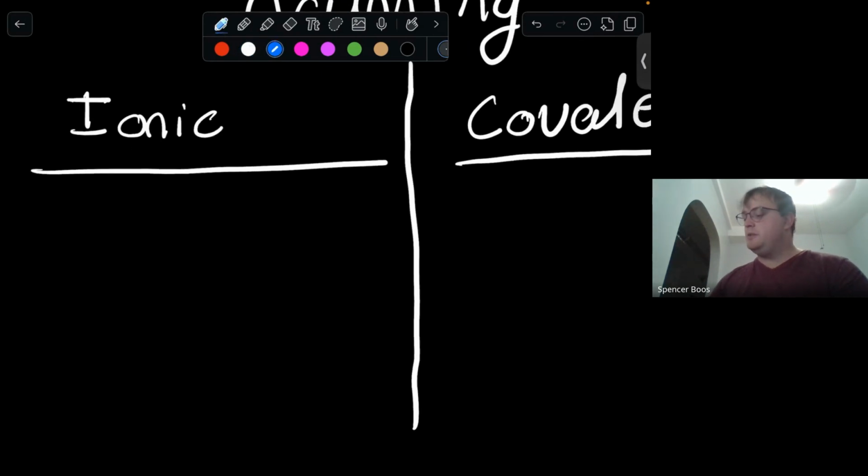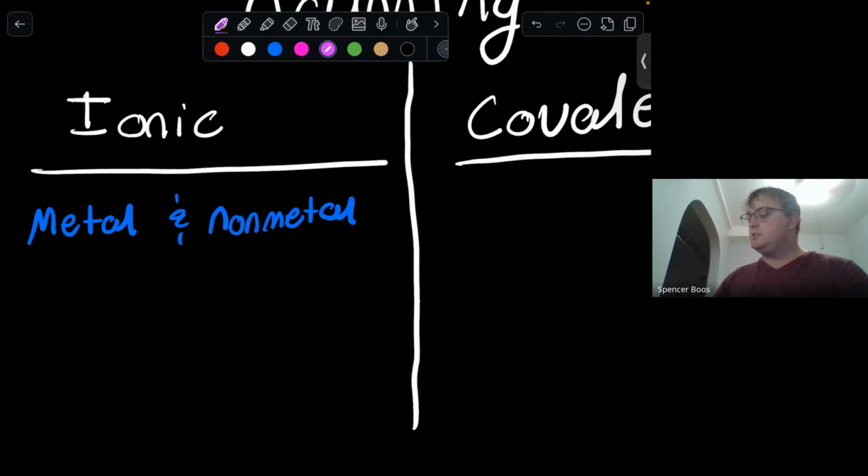Ionic bonds are between a metal and a nonmetal. If you want to get more specific, it's between a cation and an anion.